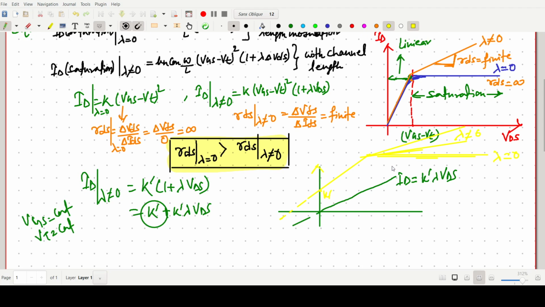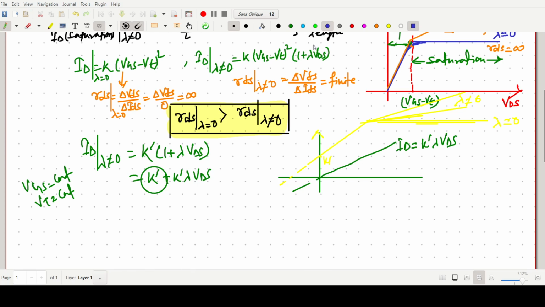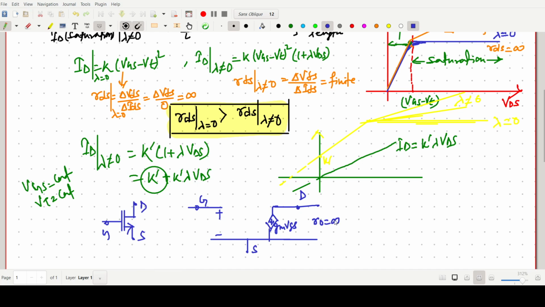Or, more generally, if we have an NMOS and draw the small signal model, this one is gate, and this one is our source and drain, with gm VGS. Without channel length modulation, nothing is there as output resistance, so we take ro equals to infinity, where the channel length modulation is 0.